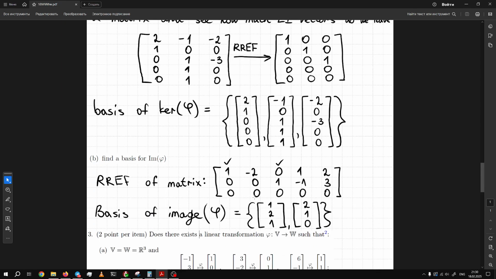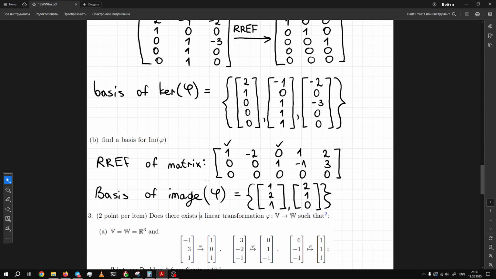Okay, and also we need to find the basis for the image, and the image is just all vectors from the output. We have input, we have output, and the image is basically all from the output.